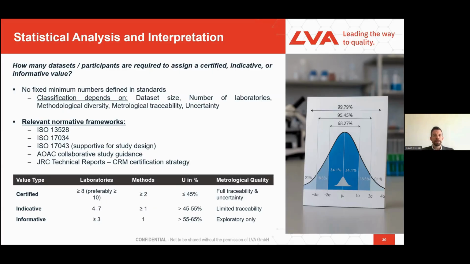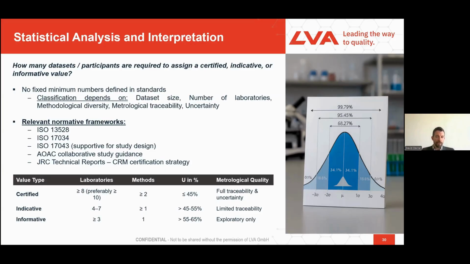So quite a lot of different documents and quite a lot of information we gathered together. And based on these frameworks, we have developed now a fit-for-purpose evaluation scheme for a value to be considered certified. We require at least 8 independent data sets, preferably from multiple laboratories, the use of at least 2 different analytical methods, and an acceptable level of uncertainty.